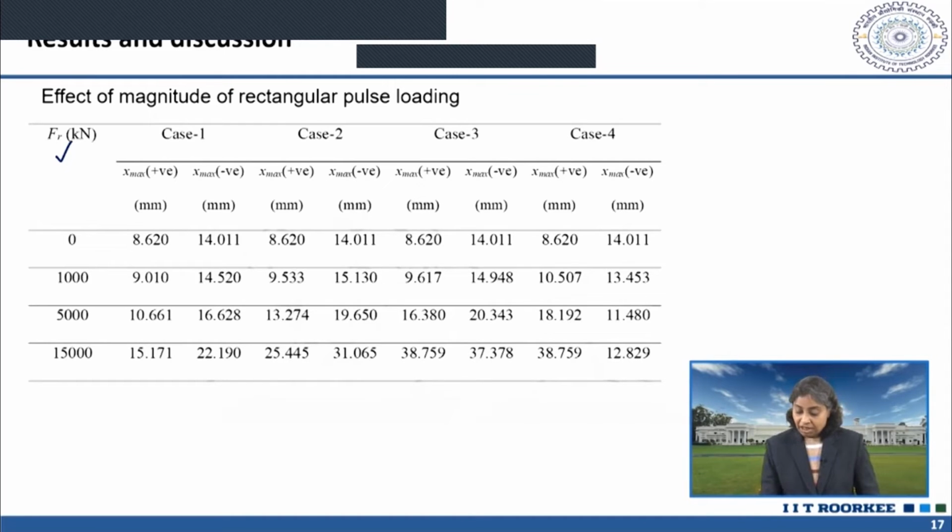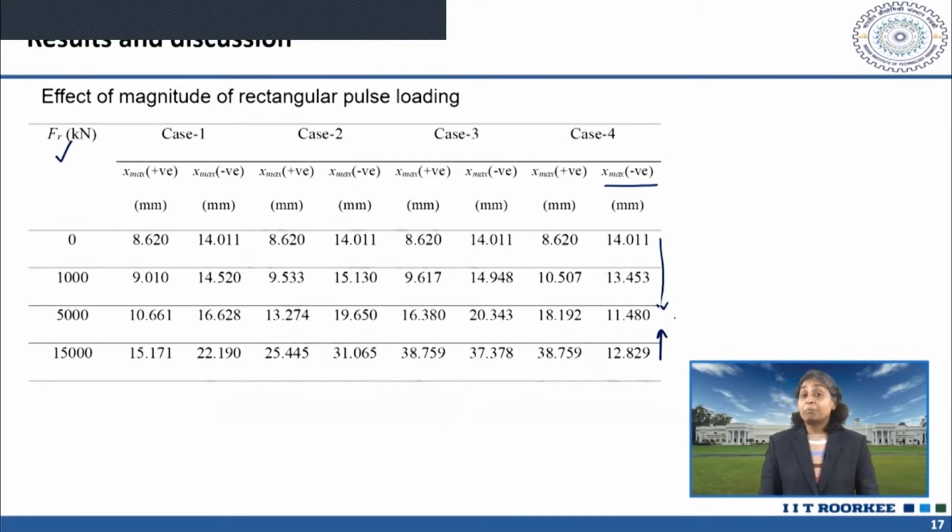For example, if you take the negative maximum displacement, it reduces first and then it increases here. So, there is an increase in this case. It will depend upon how these 2 different types of pulse loadings are interacting.